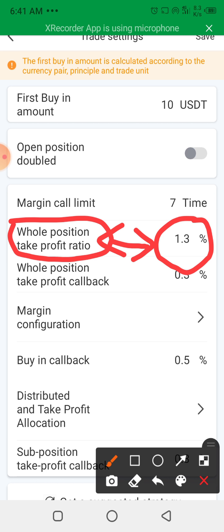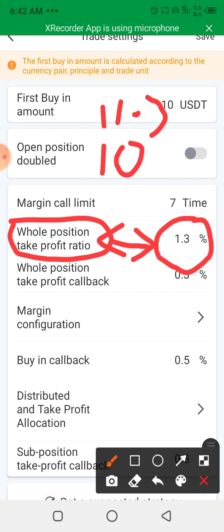If you leave it at 1.3, you are telling the system that if you have bought the coin at 10 USDT, when the price has increased to 11.3, sell.